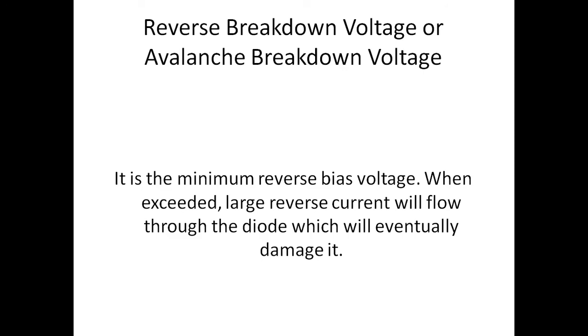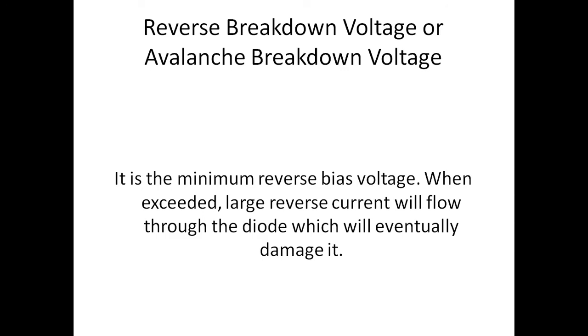Pero pagka ginawa mo to sa isang normal diode lang, masisira yun. So, sa isang rectifier diode or normal diode lang, which is ito yung dinidiscuss natin ngayon, para mag-operate siya ng maayos, forward biasing lang yung ginagamit natin. No? Pag reverse bias, hindi. Walang purpose yun. Walang sense yung diode.